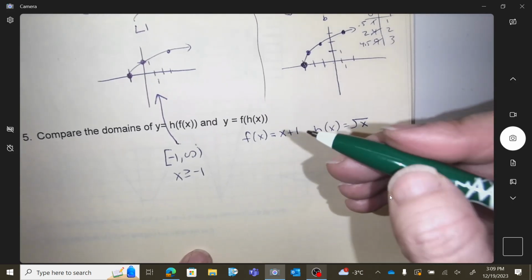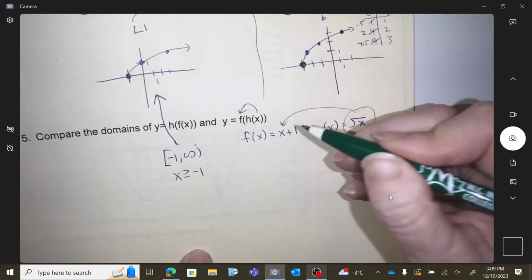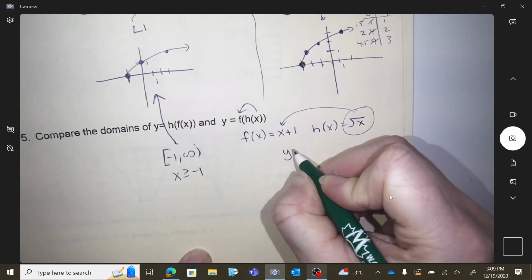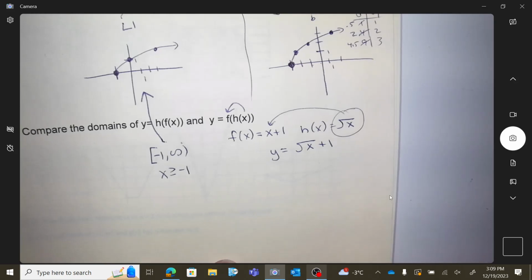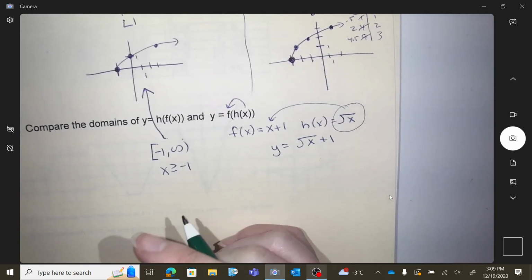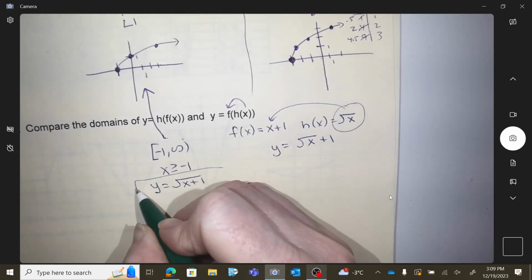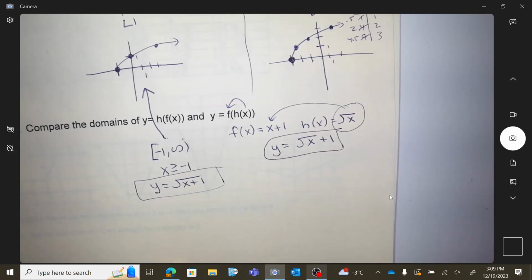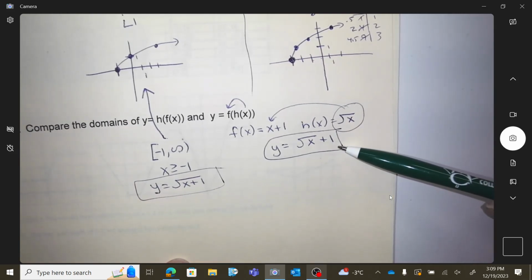So this one says put the h into this one, which is different. Is that the equation you got when you plugged it in?